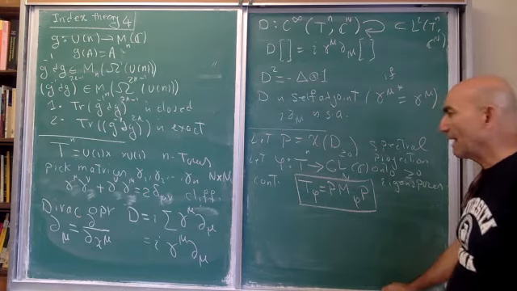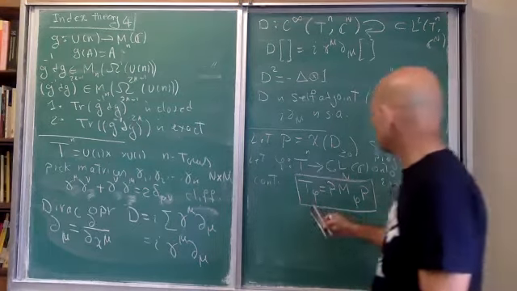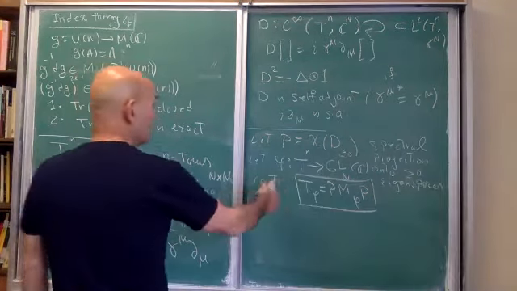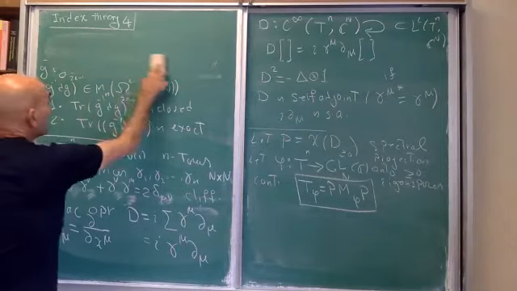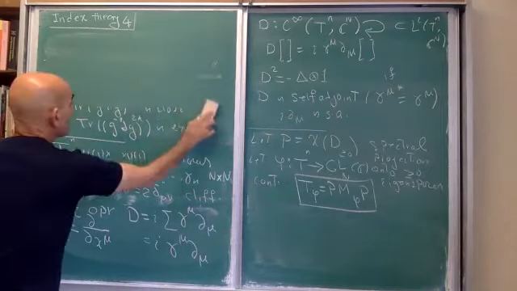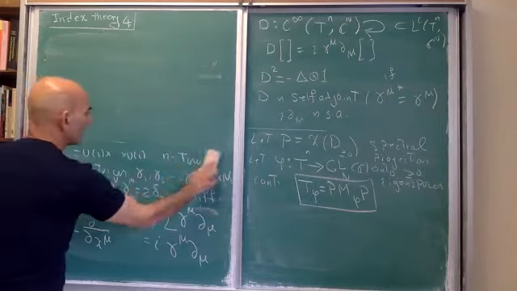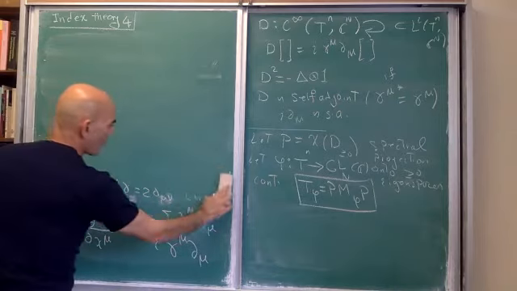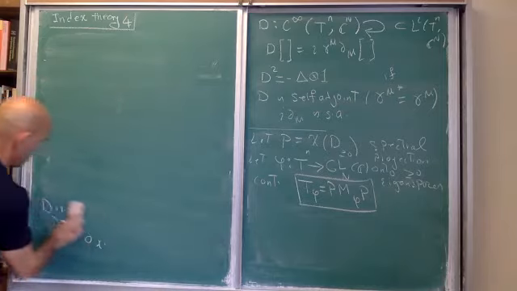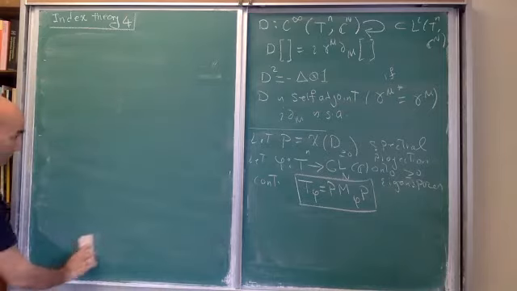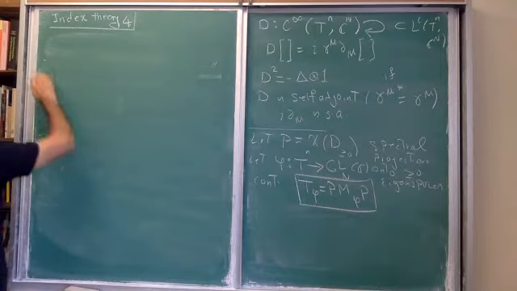Now, when n is odd, this is an interesting index problem, and there's an answer to the index problem in this case, which is interesting. I just mention it, and hopefully maybe we can go back to that sometime. So there is a theorem.